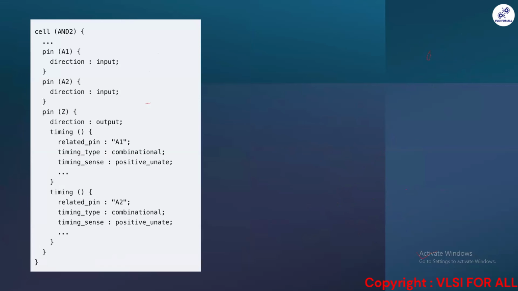Pin 1, pin 2. See, timing direction is output, timing type is combinational. Then there is another topic, which is timing sense. You might have heard the concept of unateness.